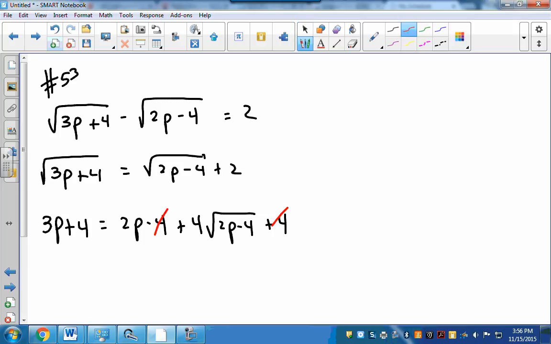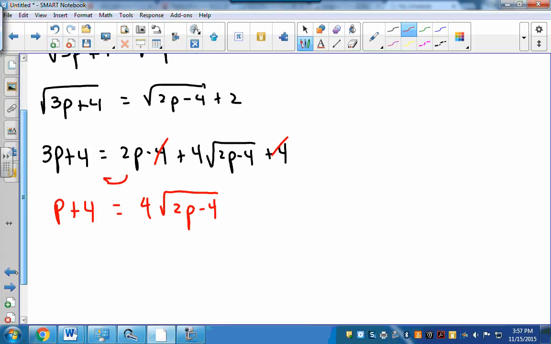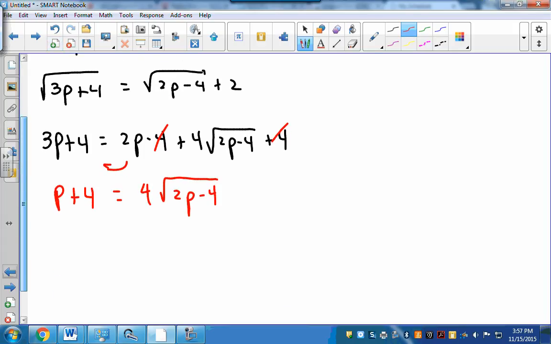I move the 3p over, or the 2p over, so that gives me p plus 4 is equal to 4 times the square root of 2p minus 4. I can divide by 4, but that will introduce a fraction. So I'll go ahead and square this as it stands to get rid of the radical. I just have to remember to square the 4, which gives me 16.